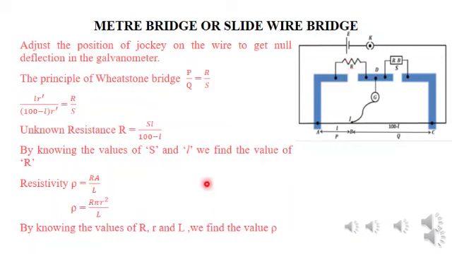Since area of cross-section is pi r square, resistivity rho equals R pi r square divided by L. By measuring unknown resistance R from the above equation, radius small letter r by using a screw gauge, and length of the unknown resistance capital L by using a meter scale, we can find the resistivity of the material by this formula.